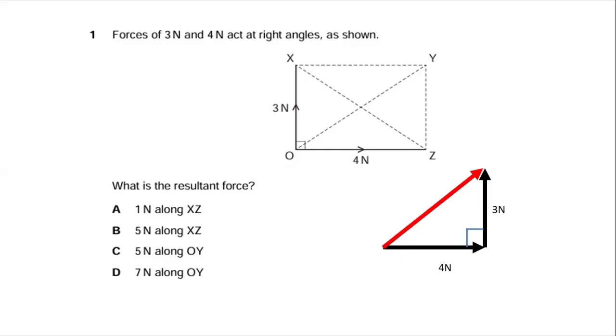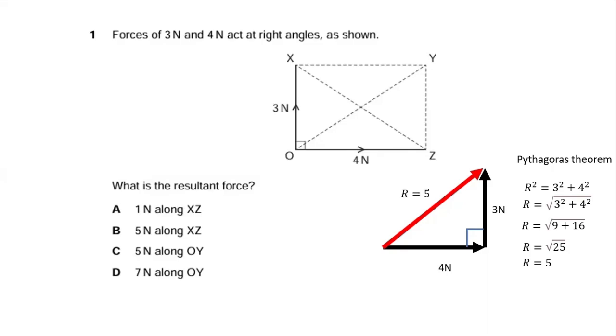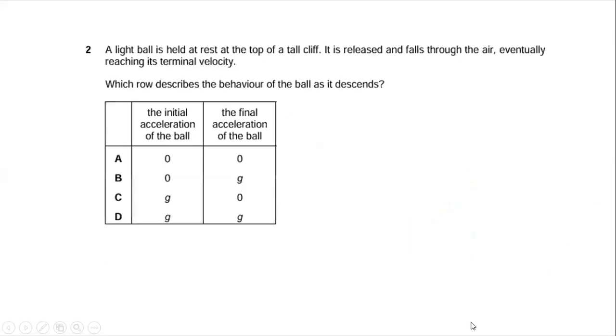This is a right angle triangle, so we can apply Pythagoras theorem: r squared is equal to 3 squared plus 4 squared. So r is equal to the square root of 9 plus 16, the square root of 25, and r is equal to 5 Newton, which is along the OY direction. So the answer is C, 5 Newton along OY.